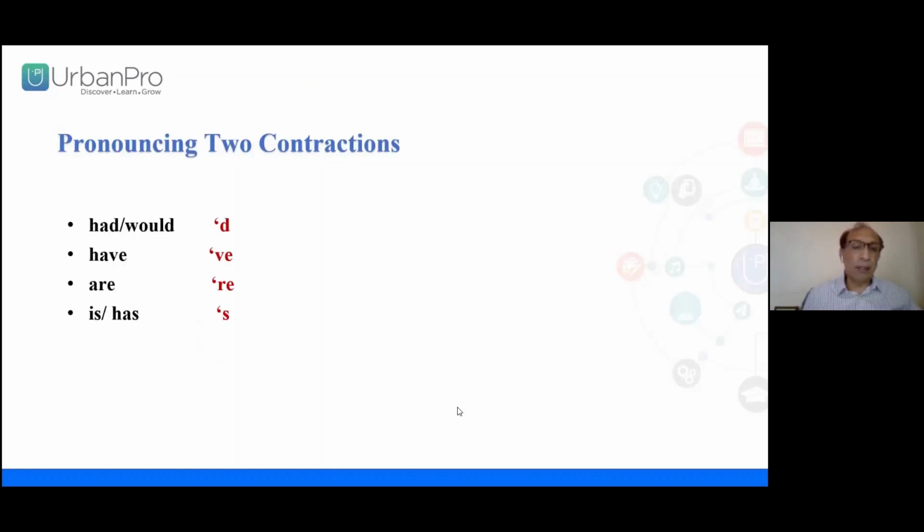Okay, so let's have a look. See, most of these contractions could be spoken or pronounced with a single rule. However, some of them could have different pronunciation depending on the sounds before them. And some of them have sound dependence on sounds after them as well.